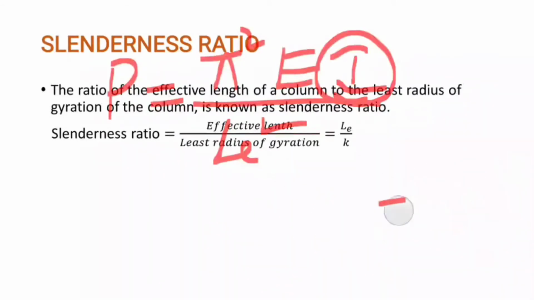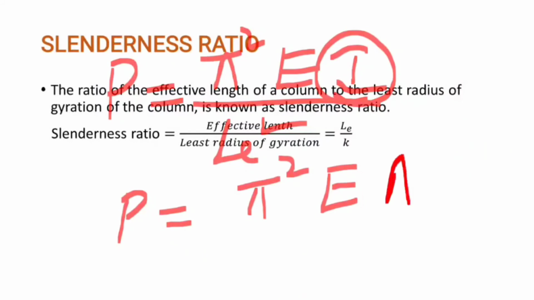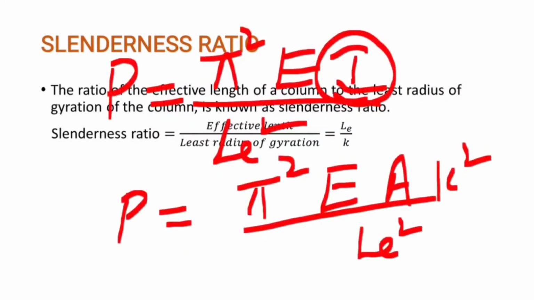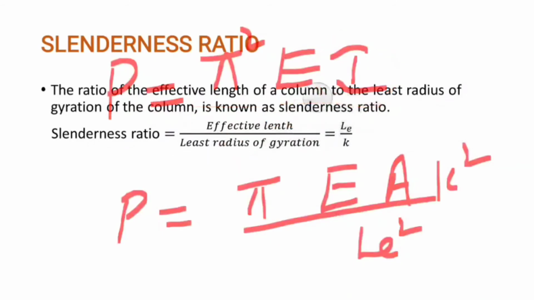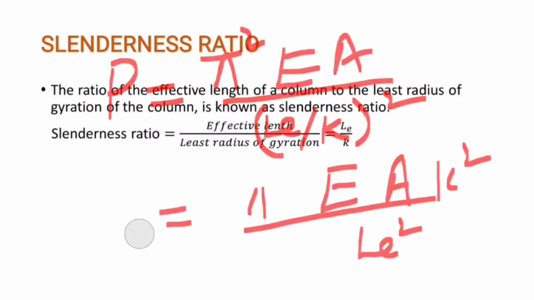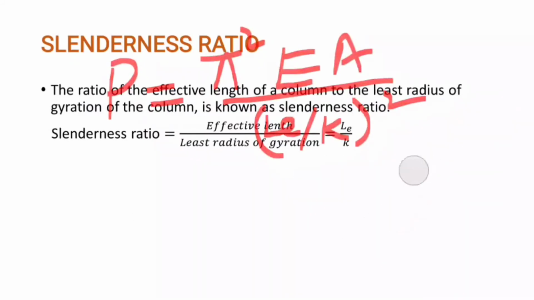Substitute that I value in this formula, then P is equal to pi square E A K square by LE square. Then the formula changes to pi square E A by (LE by K) whole square, which is the formula for critical load in the case of Euler's formula. I hope you understand how the formula is derived.